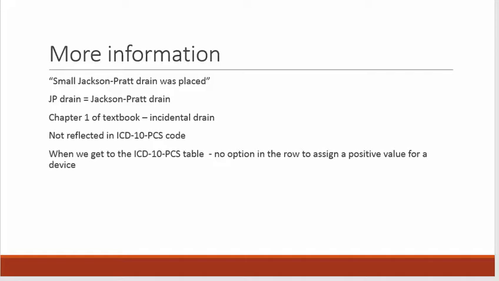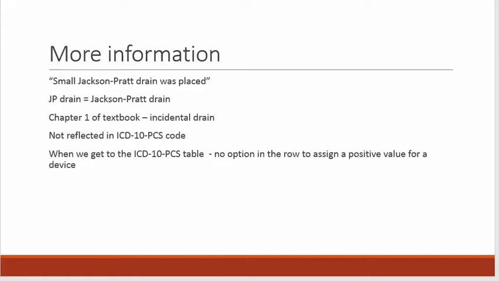A Jackson-Pratt drain was put in to drain out some of the fluid that may have come because of the surgery in terms of the tissues around the neck, the soft tissues of the neck. But that is considered an incidental drain and is not going to be reflected as a positive value in our final ICD-10-PCS code.